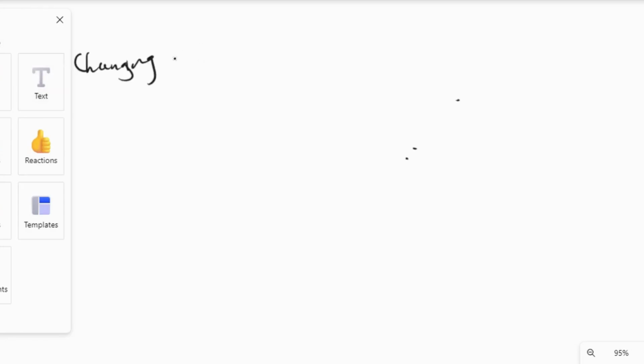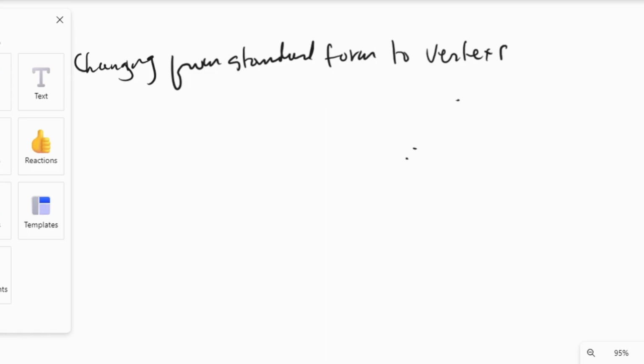To complete the square means changing from standard form to vertex form.